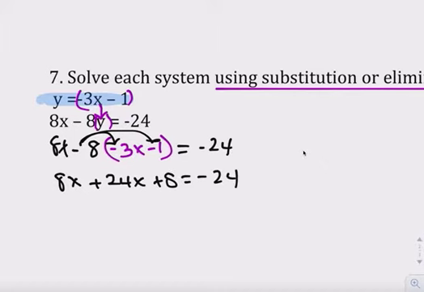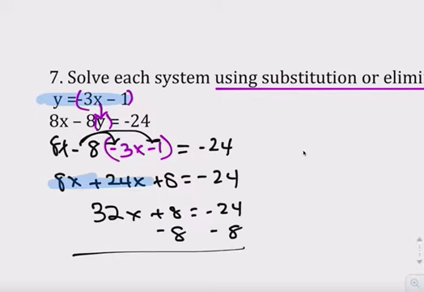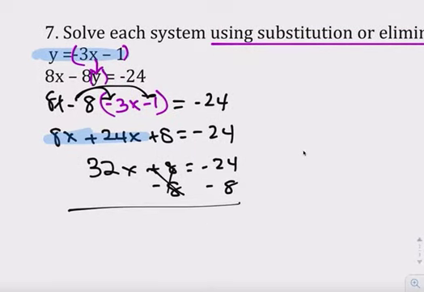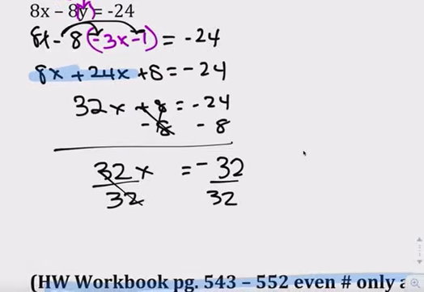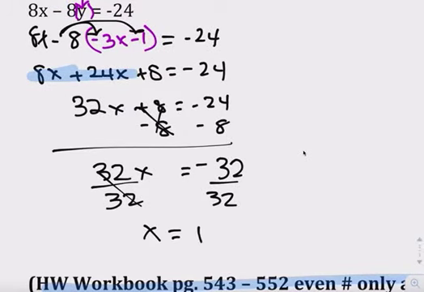Combine these like terms together, you get 32x plus 8 equals negative 24. Minus 8, you get negative 32 equals 32x. Divide by 32, divide by 32. X then is negative 1.